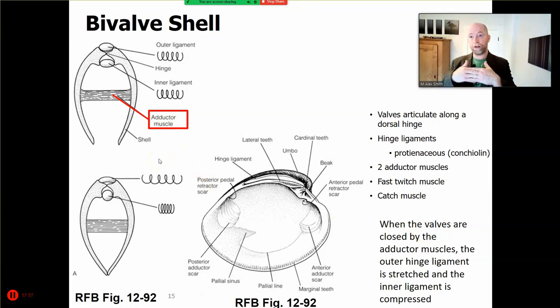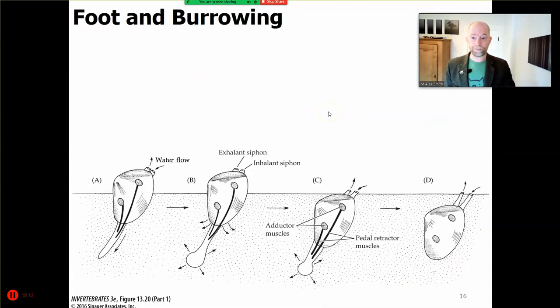You can see that it's firing across those ligaments that are essentially acting as hinges and helping it spring closed and shut. So having 2 offset springs helps it respond very quickly to potentially nibbly feeding predators.